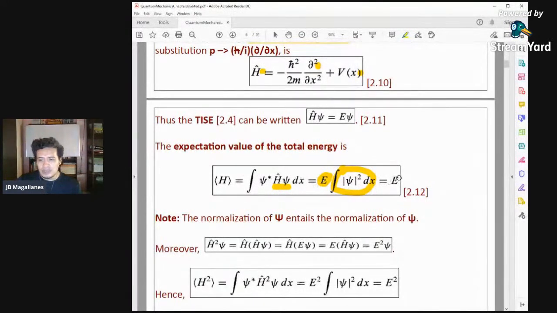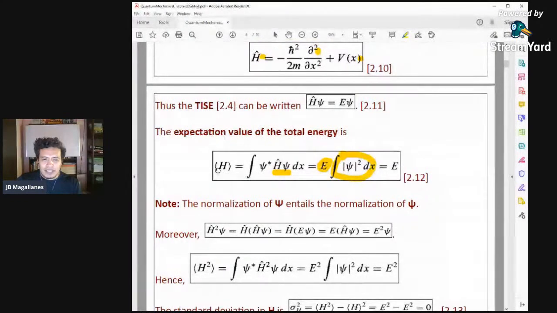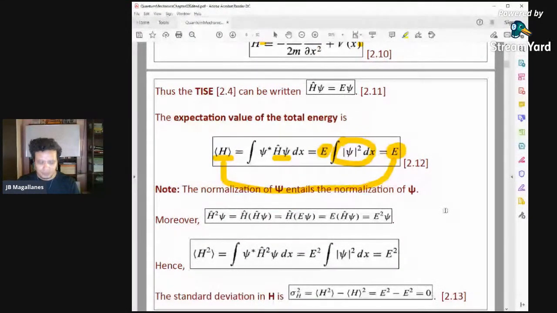So E times 1 is just E. Therefore, the expectation value of H is just equal to the constant E. This is the operator for getting the total energy, and that's why we set the constant to be E, because it's actually the total energy.